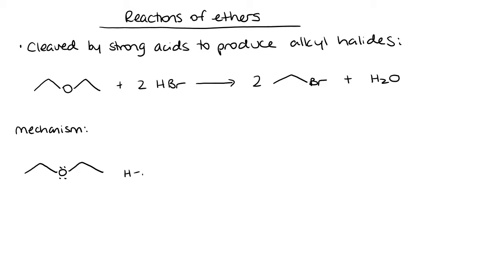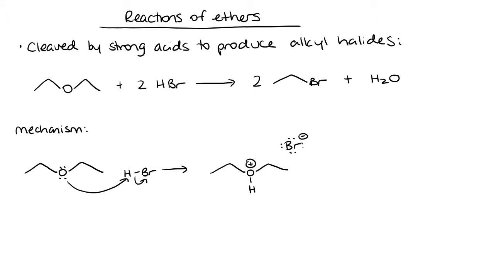When it's placed in the presence of a strong acid, the lone pair can act as a base, take that H, and kick off the bromide as a leaving group. What we're doing here is turning our oxygen positively charged, which is going to make it a better leaving group. Now the bromide ion that we just kicked off is a good nucleophile.